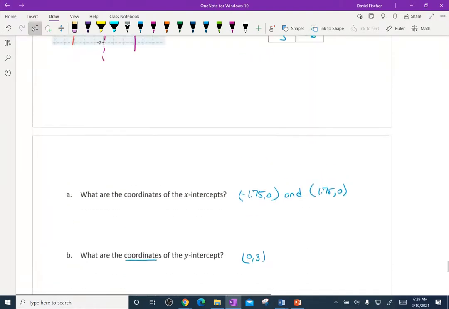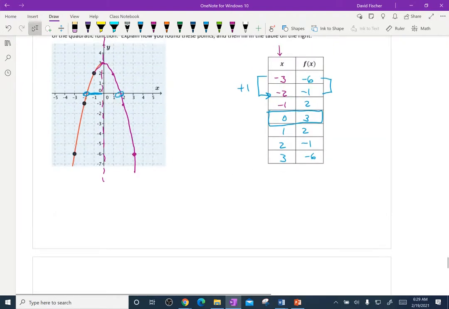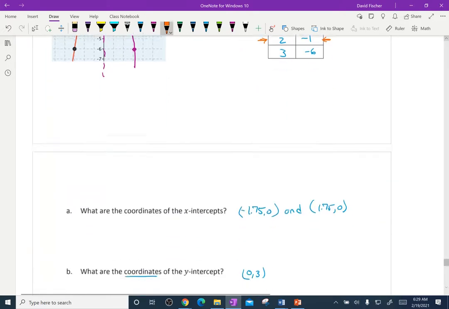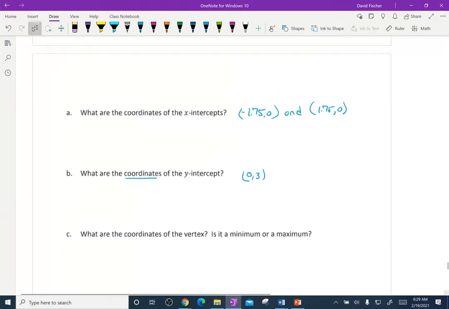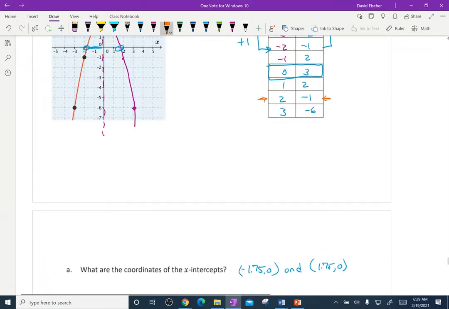I'm sure kids are going to ask today on the homework. So if I look at row 6, 1, 2, 3, 4, 5, 6, I'm looking at this row here. And I want an average rate of change of negative 5. So that means I need my final answer to be a negative 5 after I'm doing my y's on the top and my x's on the bottom.